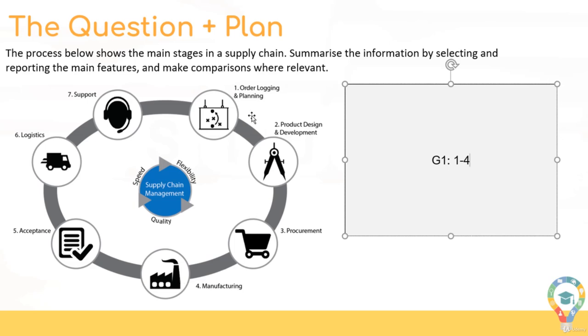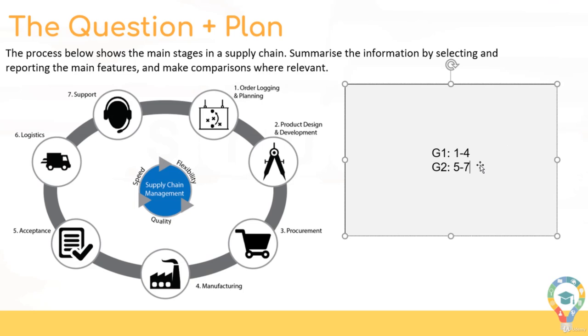So order, logging and planning, product design, development, procurement, manufacturing. And then in group 2, I'm going to describe stages 5 to 7. So that's acceptance, logistics and support. That will go in group 2 and will be described in my second detailed paragraph.